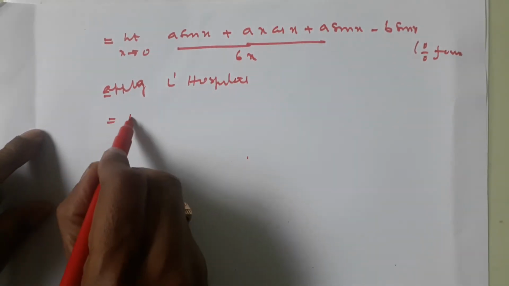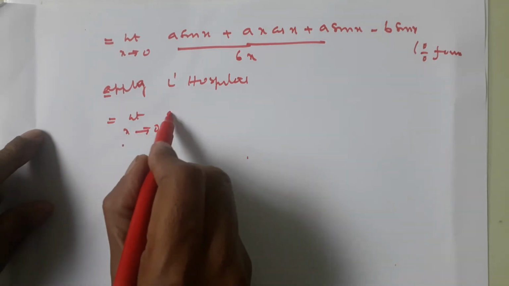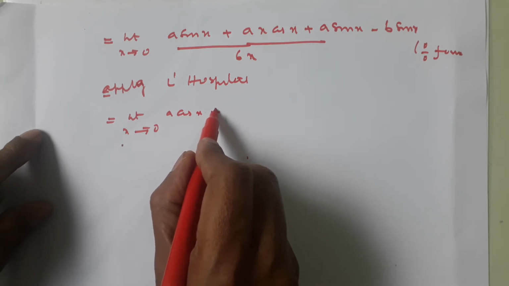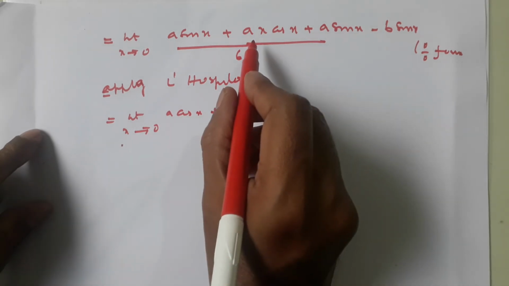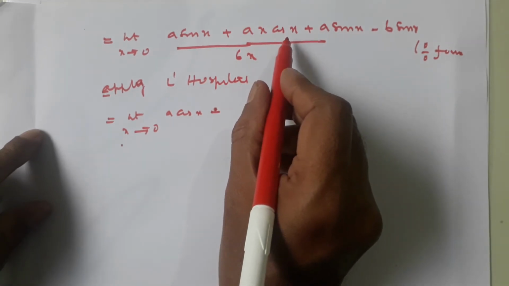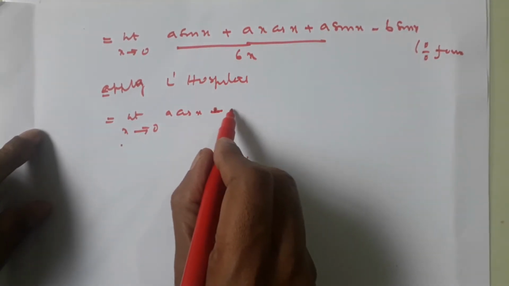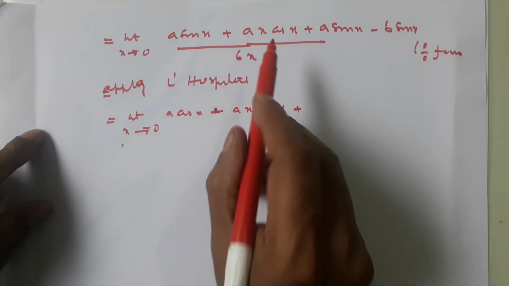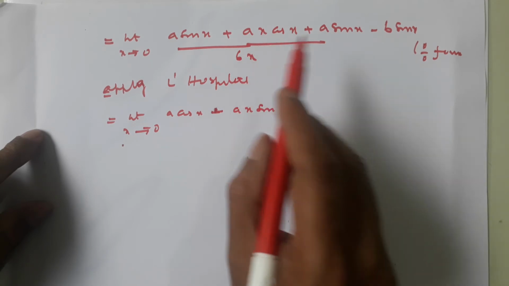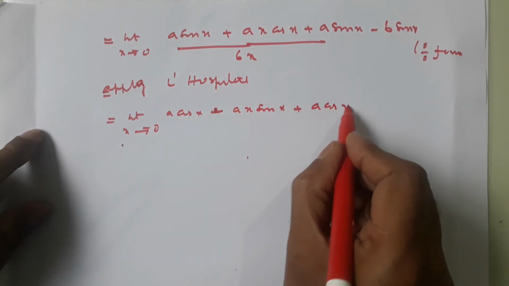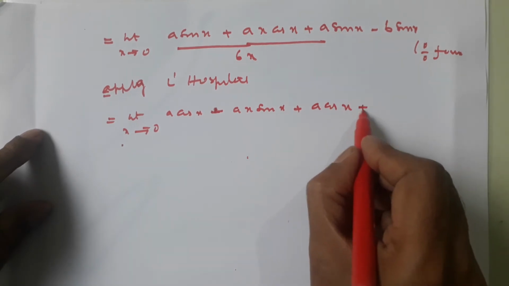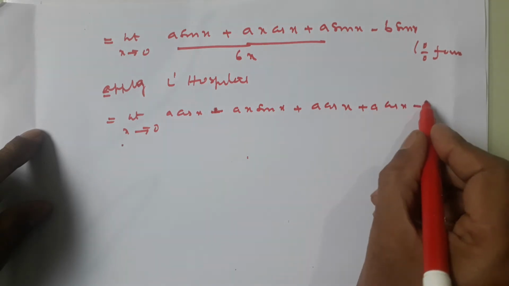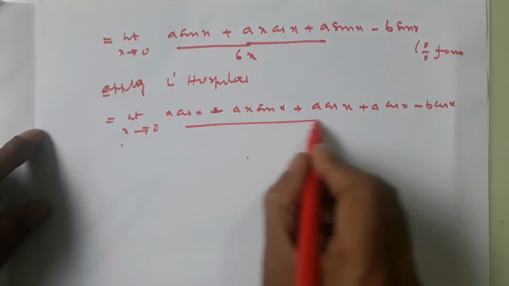So the limit as x tends to 0 of A cos x plus A cos x plus, taking x as constant, cos x differentiated is minus A x sin x, plus x cos x, A cos x to be constant, x differentiation is A cos x, plus A cos x minus B cos x, whole divided by 6.